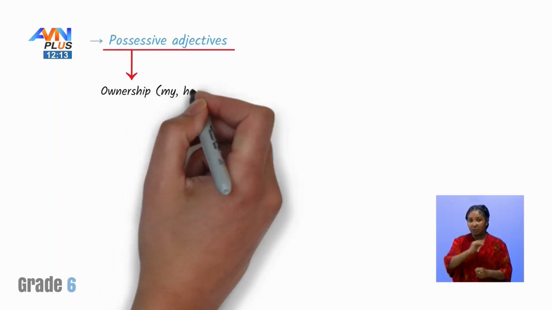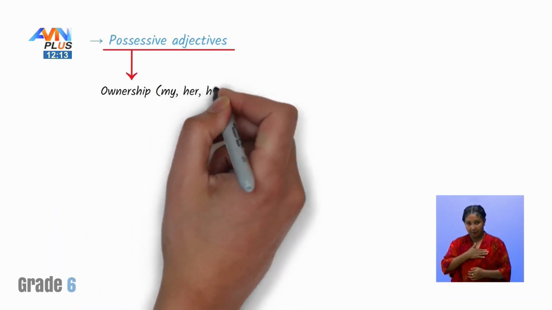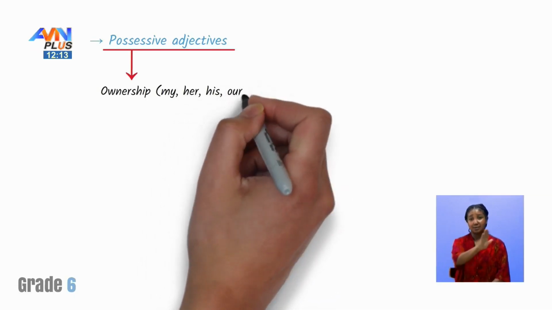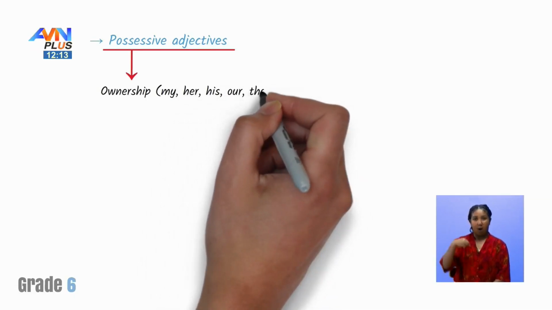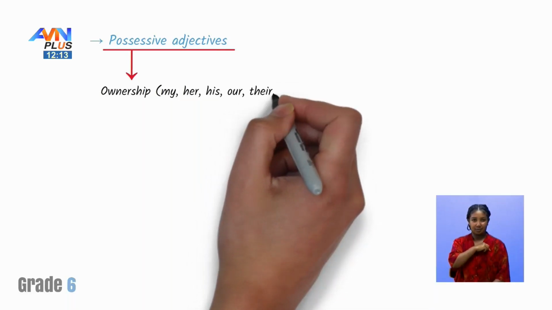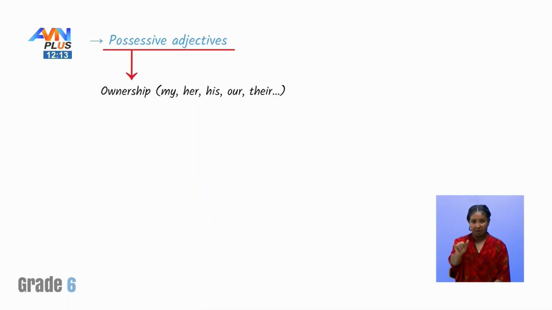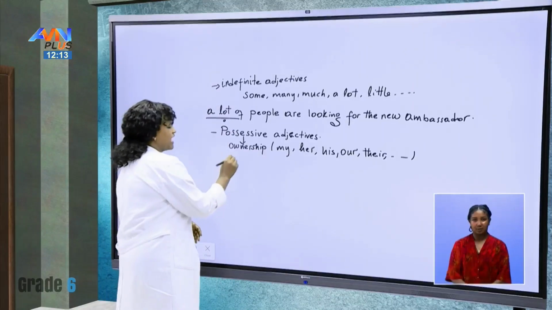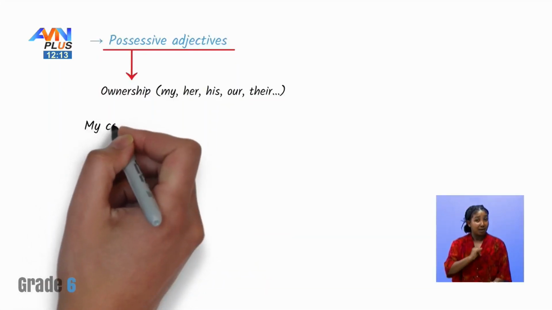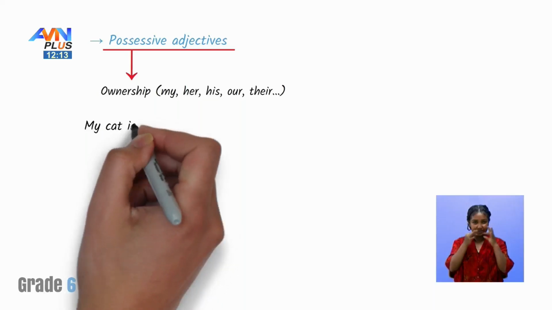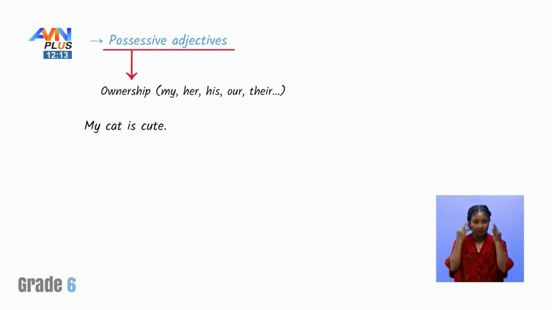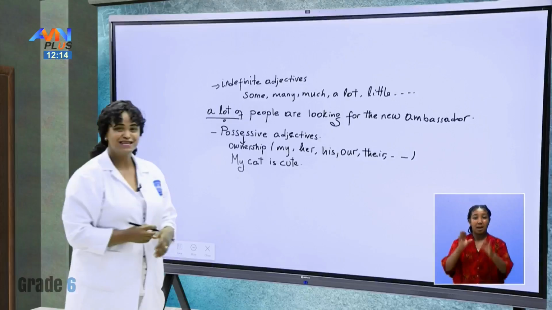These are my, her, his, our, their, etc. For example, look, my cat is cute. Oh, my cat is cute.